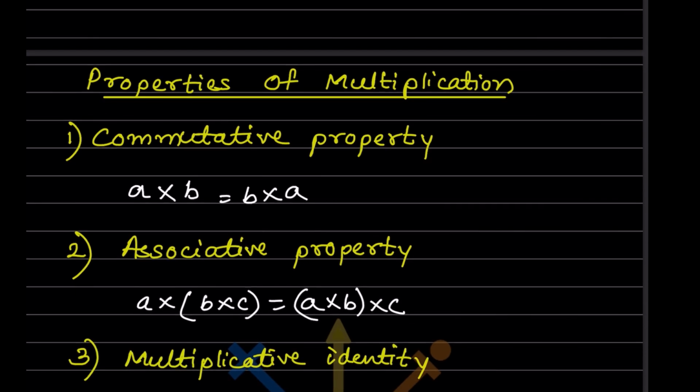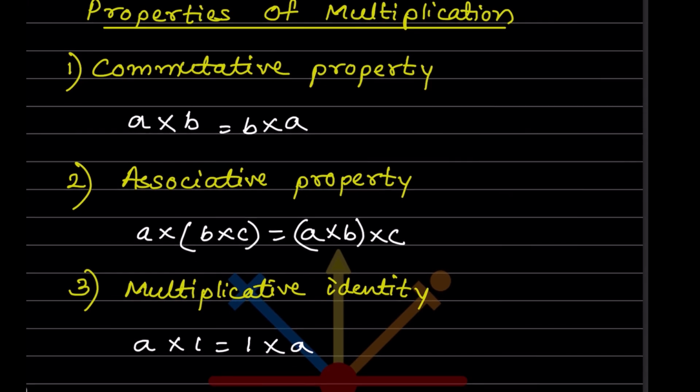Now we'll see the properties of multiplication. Here again we have the commutative property, associative property and multiplicative identity. The commutative property is a into b is equal to b into a. If we write 2 into 3, that is 6, and 3 into 2 is also 6.